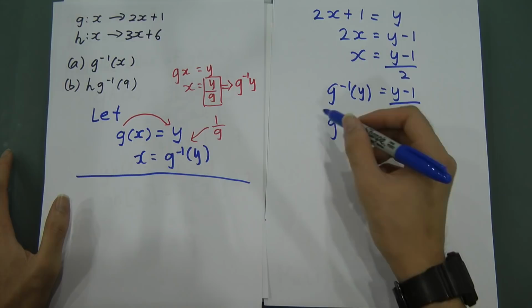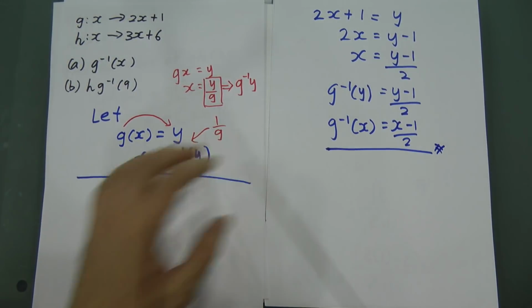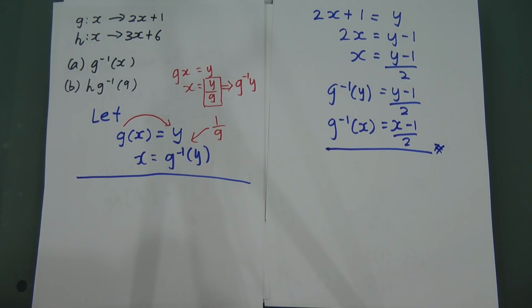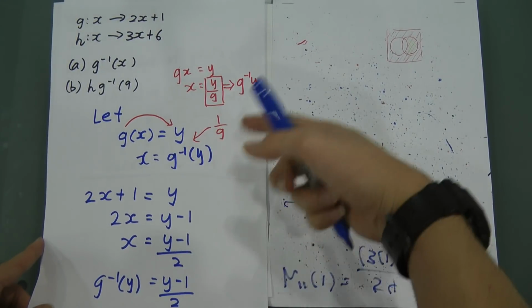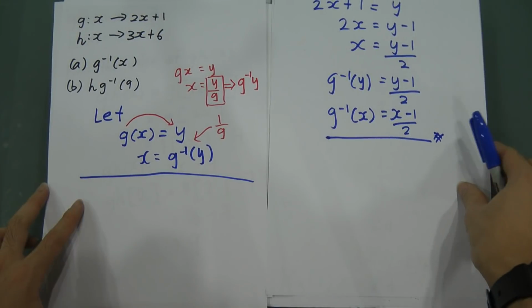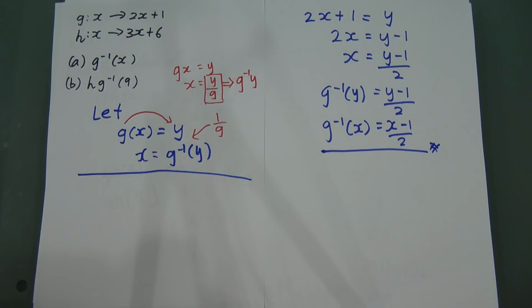So this is the inverse function for part A. Of course in the exam you better do it continuously, but here because I just want to make your video experience better, so I just separate it out.